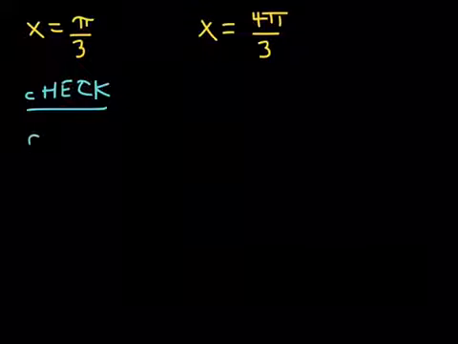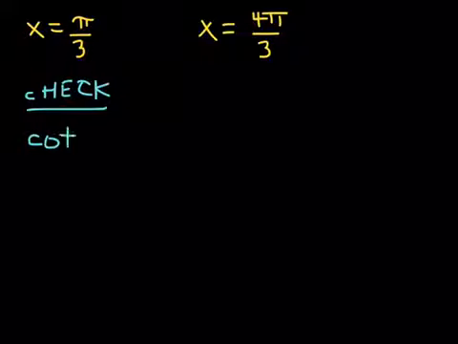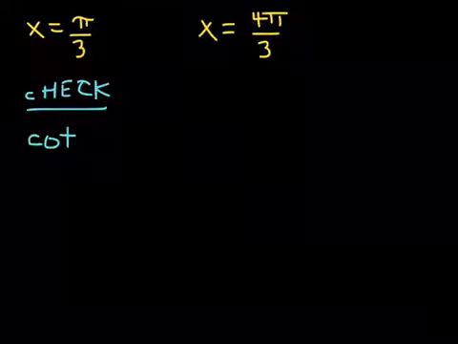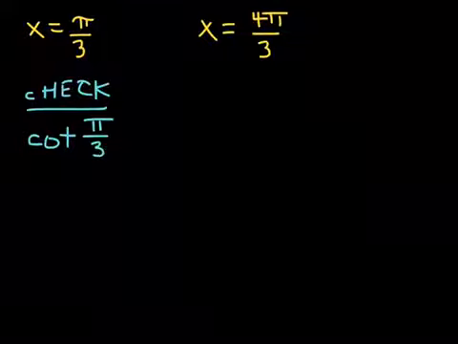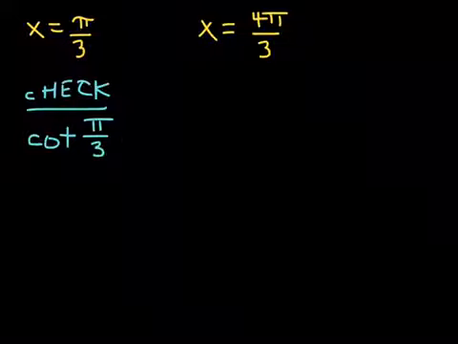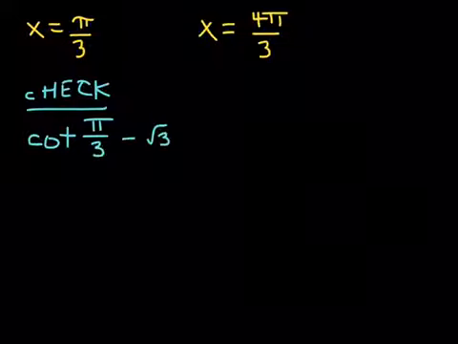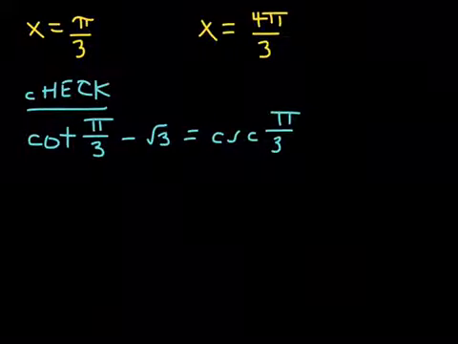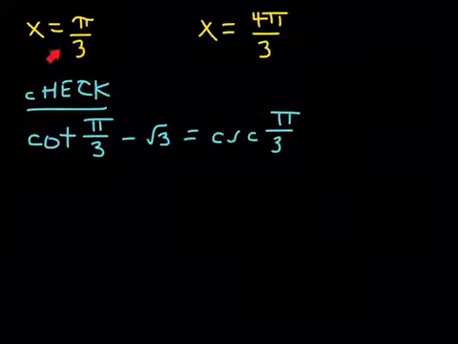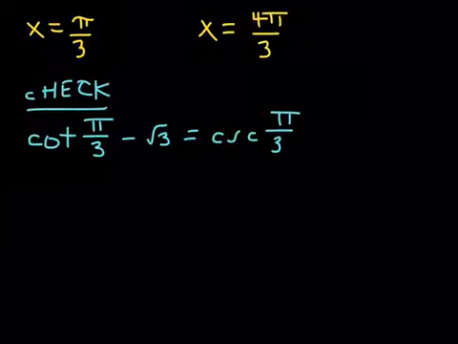All right, so here we go. I'm plugging in pi over 3 first into my original statement. So this is the original problem, okay? Cotangent of pi over 3 minus root 3 is supposedly equal to cosecant of pi over 3. What I did right now is I just plugged pi over 3 into the original equation.